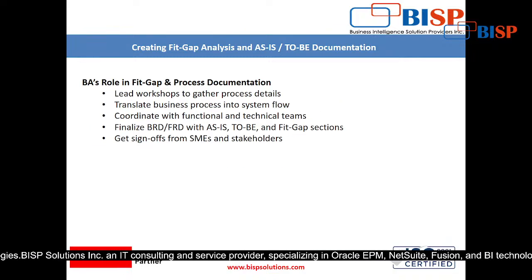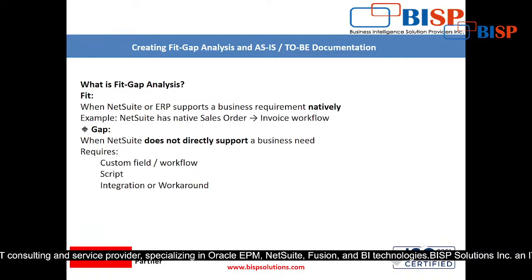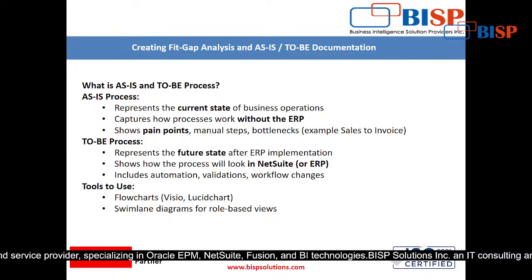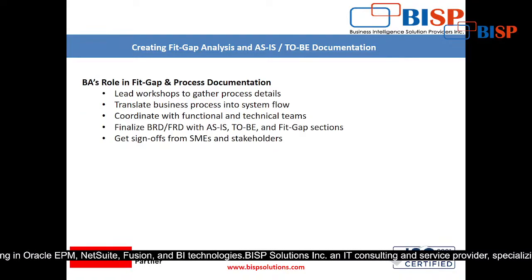Whatever the impact will be, we have to identify that also, where it is. Okay, so these are things that you need to take care of as a business analyst.